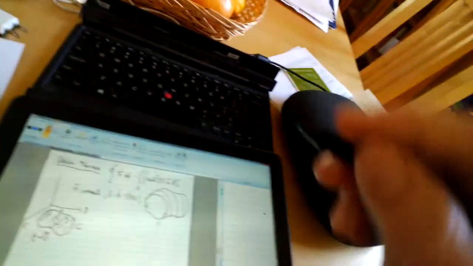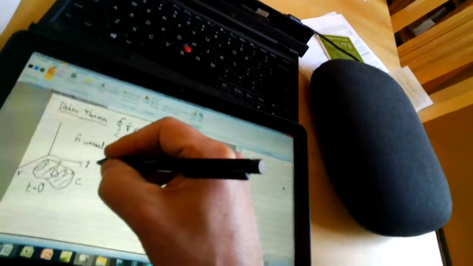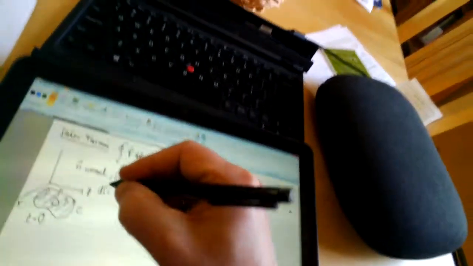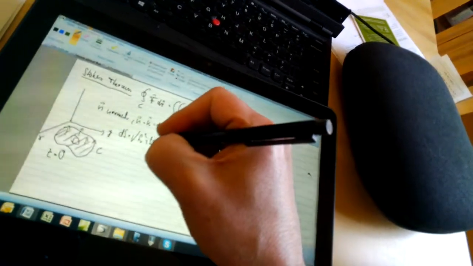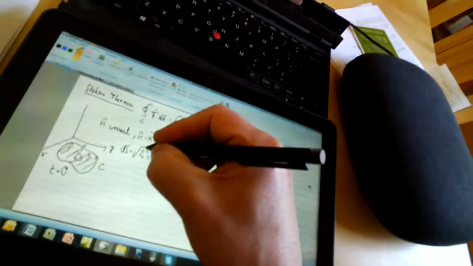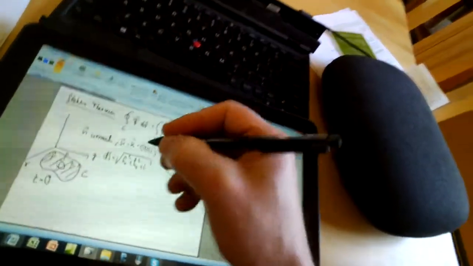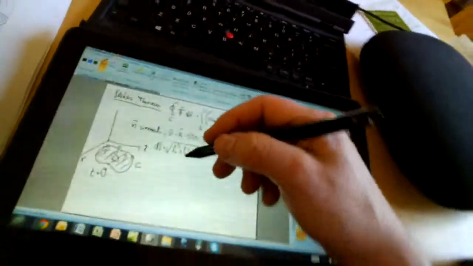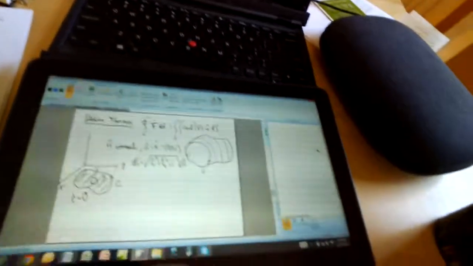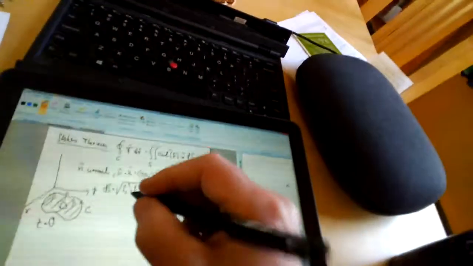And I have to find the surface element, the dS. But the dS is equal to the square root of fx squared plus fy squared plus 1 times the dA, but in this case I have the fx and the fy both being 0 because z equals 0 determines my surface. So that means that the dS is equal to the dA.